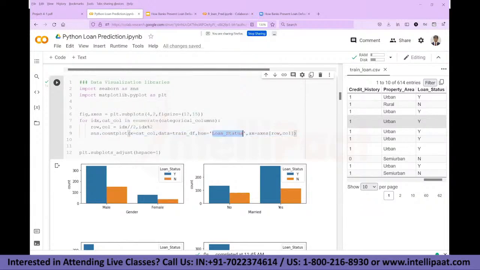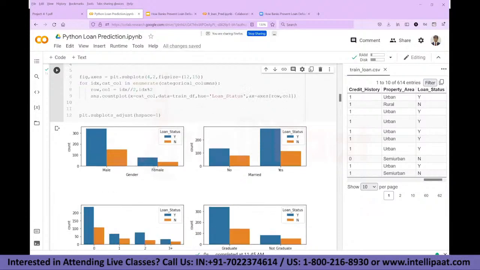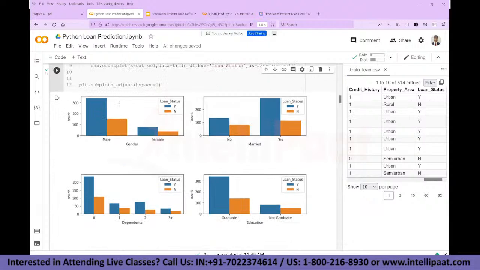That means count all the instances from the loan status column: total number of Y's and N's for male, total number of Y's and N's for female, and place it on an axis, row comma column, which means at this particular place on my complete chart. So at this particular place, I plot this particular graph, right?